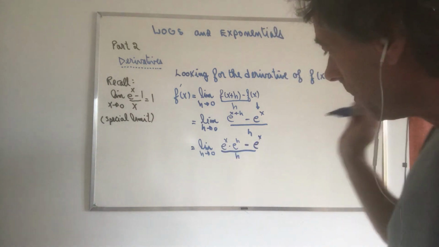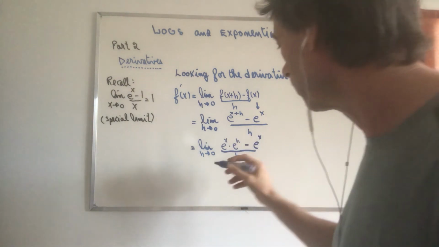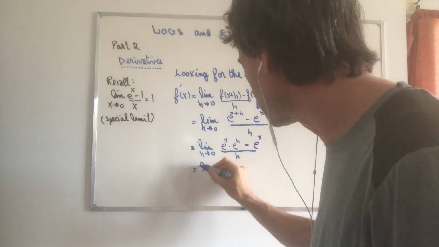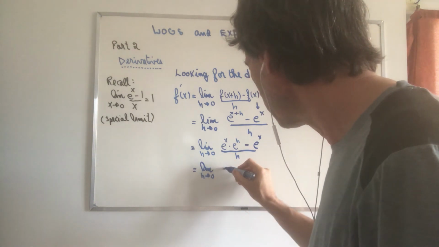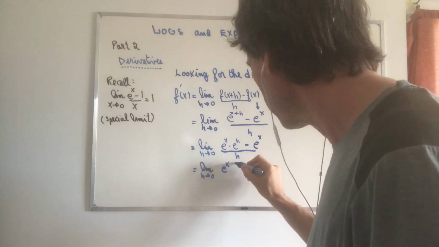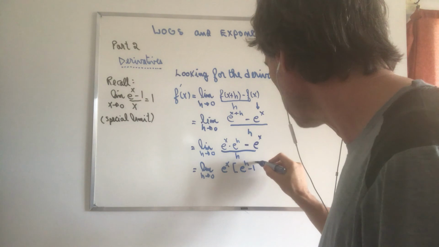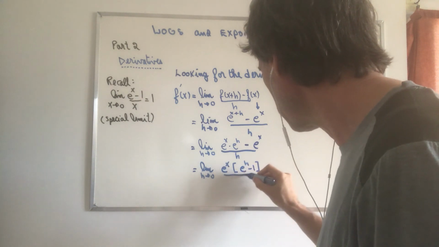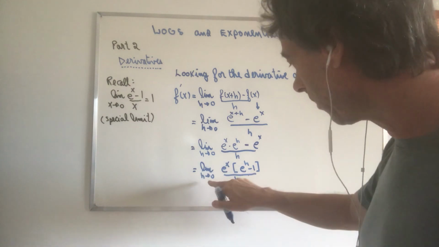And then that gives us a nice little piece of algebra in the numerator. There is now a common term between the two halves. So that's the limit as h goes to 0 of, I'm going to take out that e to the x and be left with e to the h minus 1 over h. Now notice, that limit is active on the variable h.